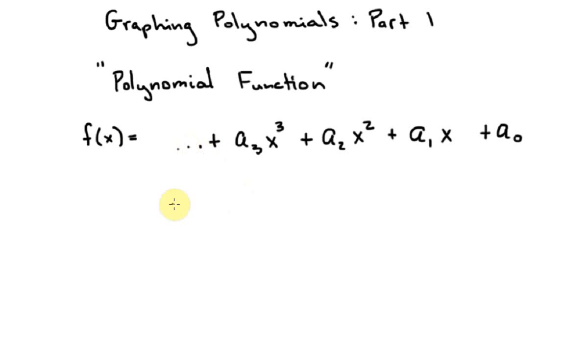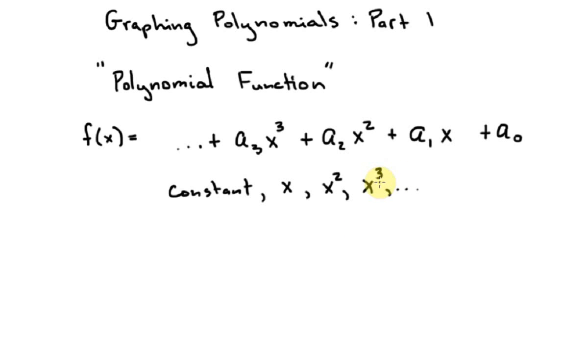What you're allowed to have is any kind of a constant tacked at the end. That's what this a0 is. You may or may not have some sort of an x term, or an x squared term, or an x cubed, and so on.